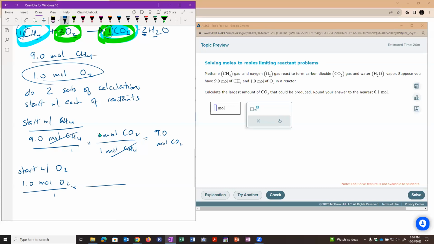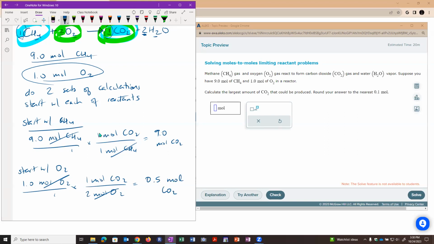So I can say 2 moles of O2 reacts to produce 1 mole of CO2. And you'll notice again, when I put my conversion factor in, I'm putting the unit that I want on top in the numerator, the other unit in the bottom, so that it can cancel out. So this then is going to give me 1 times 1 is 1 divided by 2. That's 0.5 moles of CO2.